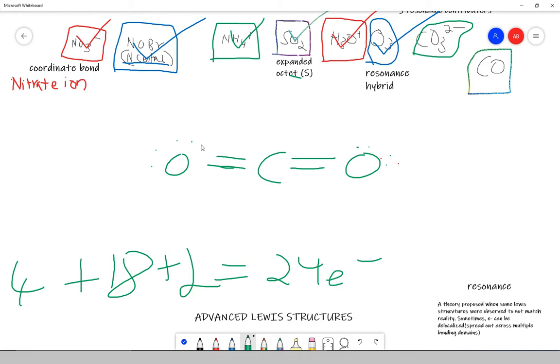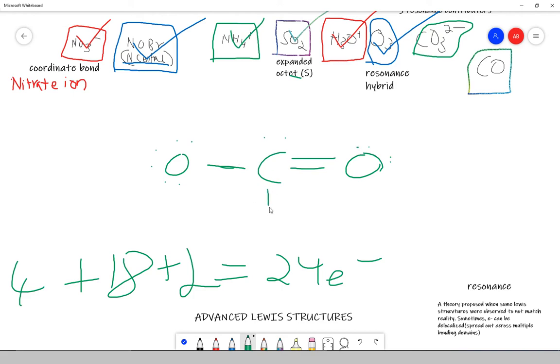Can we have an expanded octet right here? I don't think we do have an expanded octet for carbon. So let's see how we can go about this. Maybe we can do this, and that should work. So 2, 4, 6, 8, 10, 12, 14, 16, 18.